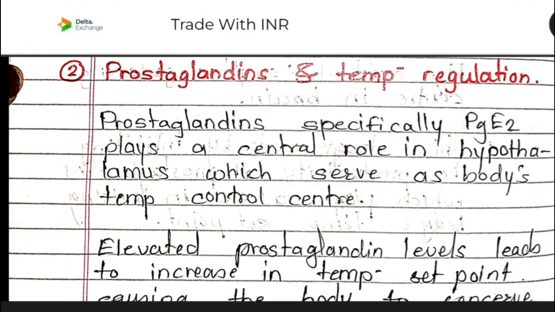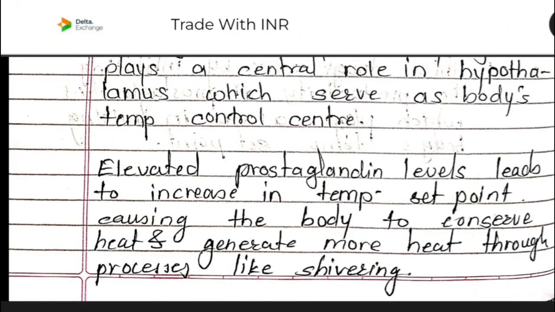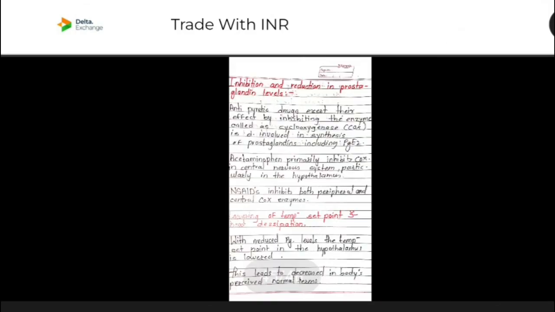Prostaglandin and temperature regulation: prostaglandin E2 plays a central role in the hypothalamus, which serves as the body's temperature control center. Elevated prostaglandin levels lead to an increase in the temperature set point, causing the body to conserve heat and generate more heat through processes like shivering.